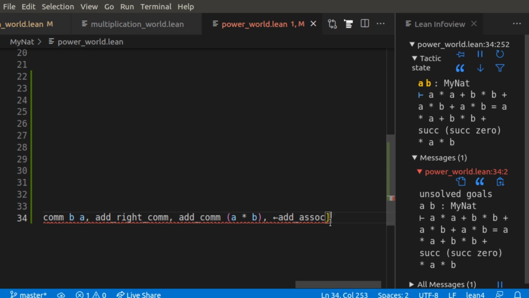And now we need to somehow turn that into successor of 0 times A plus B. How do we combine? How do we say two things add together if they're the same thing equals 2? Do you know the lemma for that? I guess we could add another lemma for that.